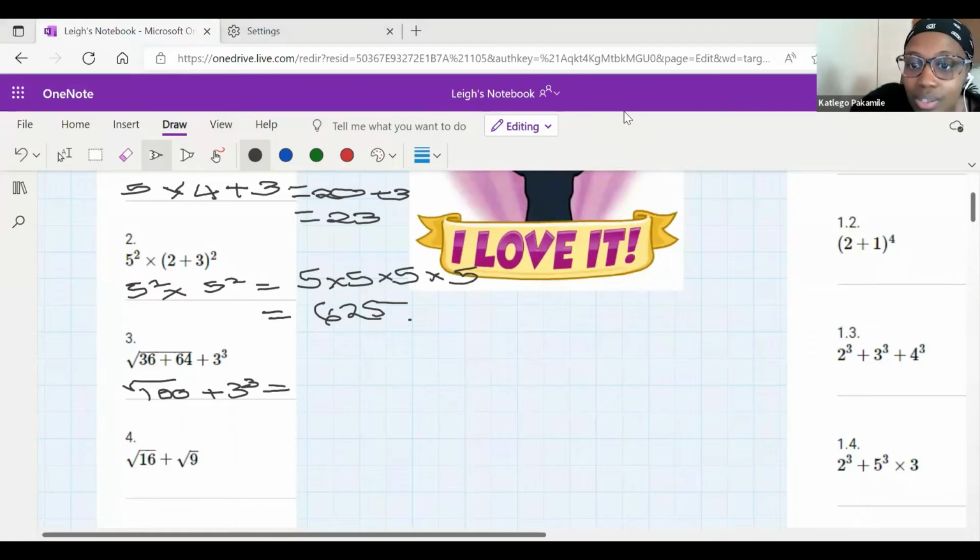Okay, let's see. Who can tell us what the square root of 100 is? Okay, I'm going to pick on someone. Everyone else, you're so quiet today. What's going on? Lissetti, what is the square root of 100?